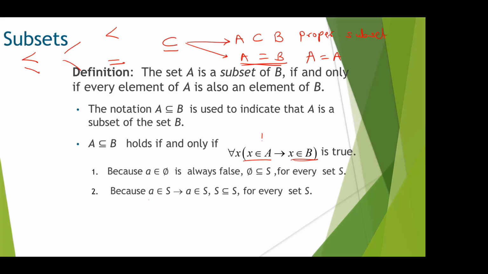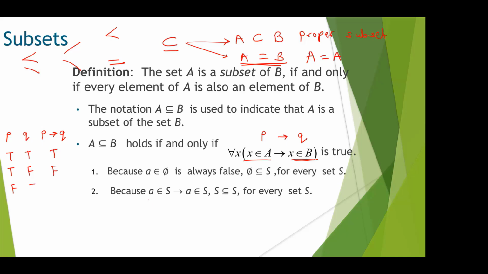So it is a conditional statement, right? Conditional statement, P implies Q. So if you see the truth table of P implies Q from propositional calculus, if both are true, then this implication is true. If true implies false, then this implication is false.